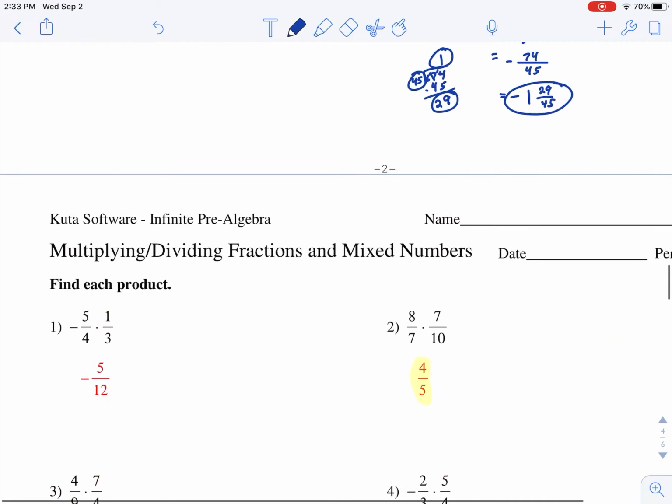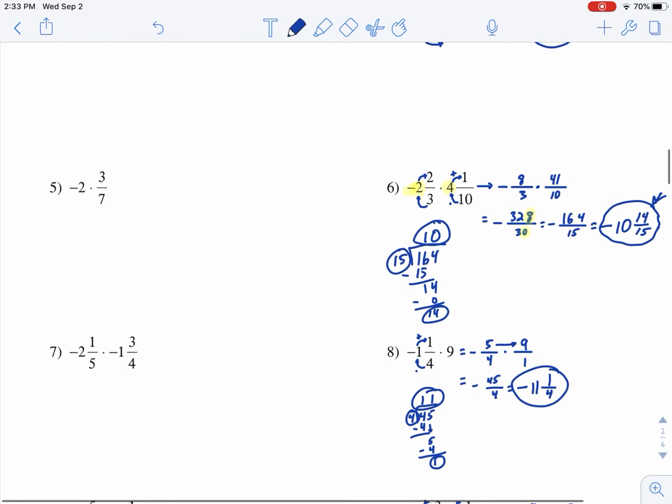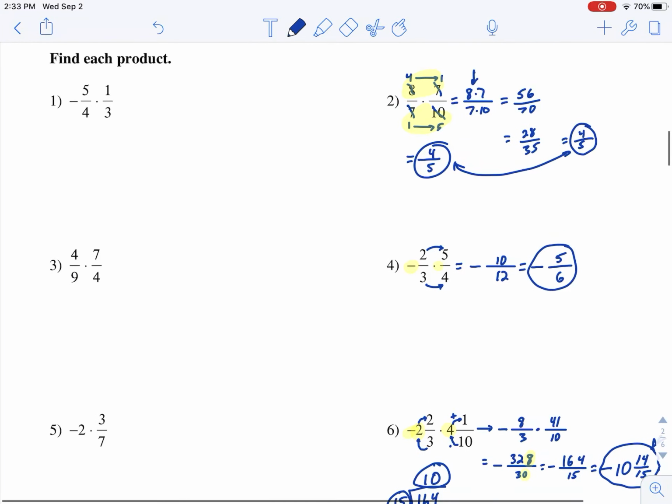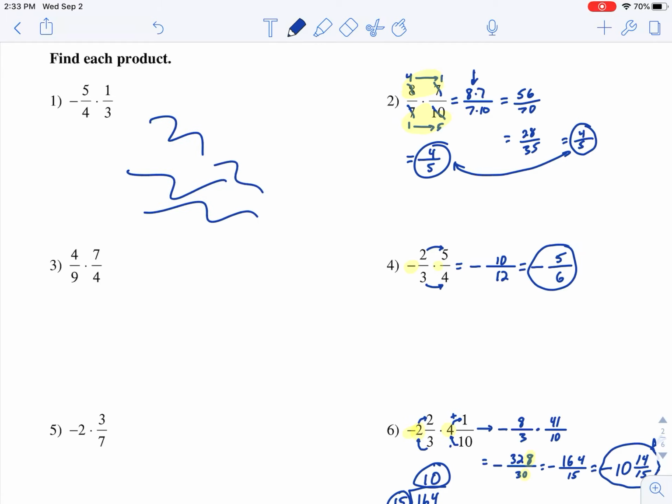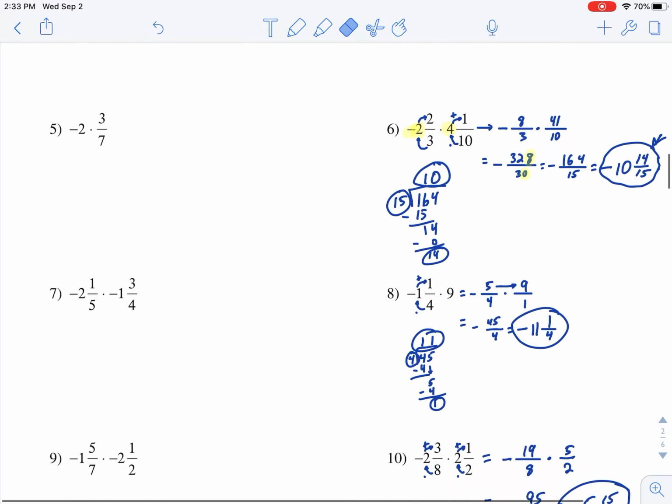So, okay, you are now asked to do the odd problems. You can download the PDF that has this information on it, work it out, attach it, and then send that to me through Google Classroom. You attach it when you submit it. You can work it out by actually writing on the screen with your finger, with a stylus, whatever works for you. Or you can print this and then show your work on the paper.